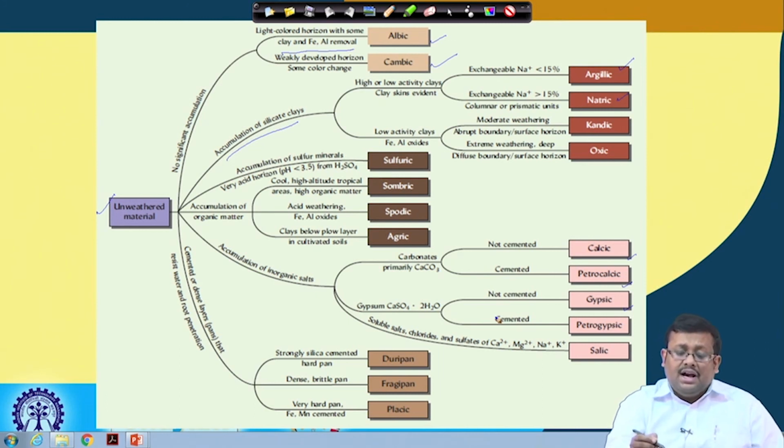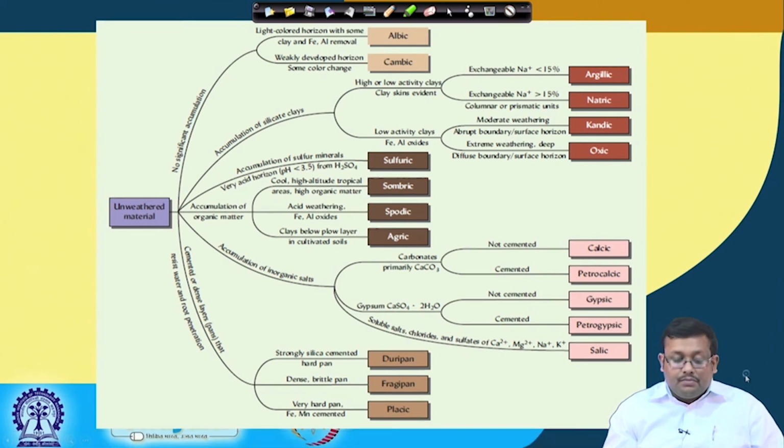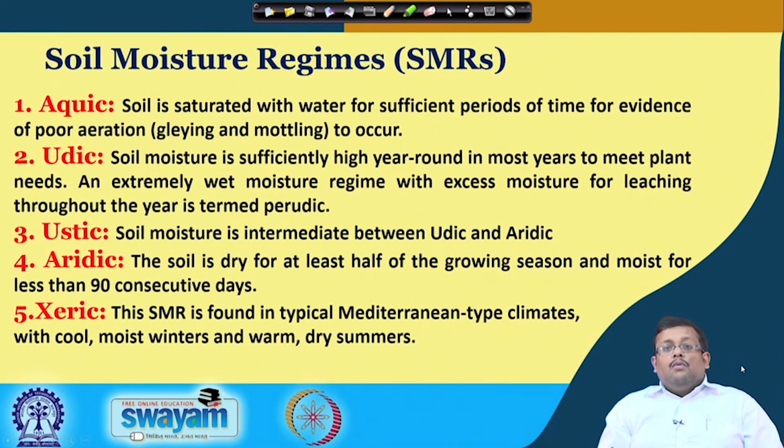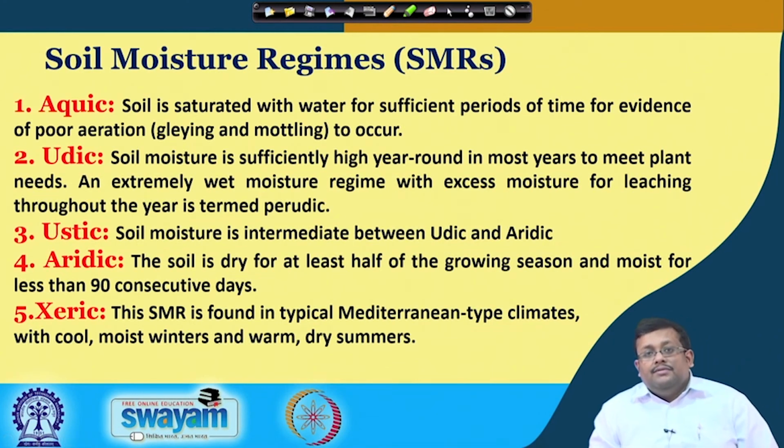So, this slide will give you an overview of the different weather conditions and other conditions which are required for formation of those diagnostic subsurface endopedons. One of the important points of soil taxonomy is that the soil classification is also based on different types of soil moisture regime and soil temperature regime.